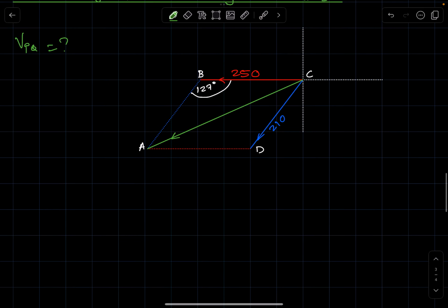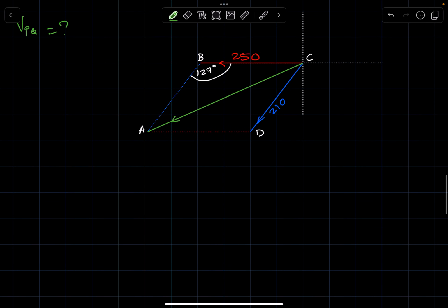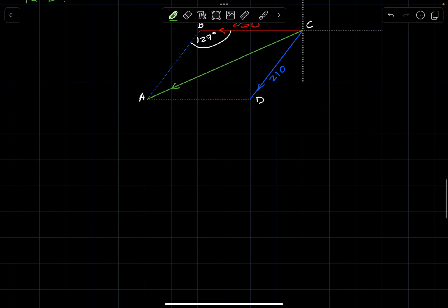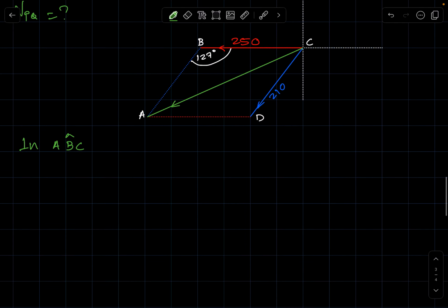So using the cosine rule, we are going to use triangle ABC. You can either say in triangle ABC or simply say in ABC, which is the same thing.